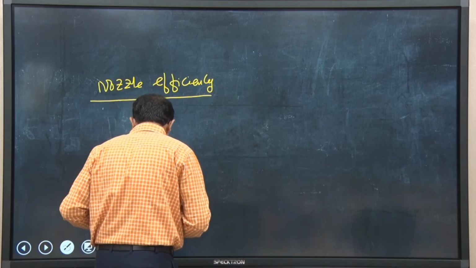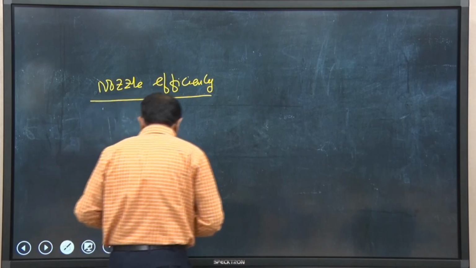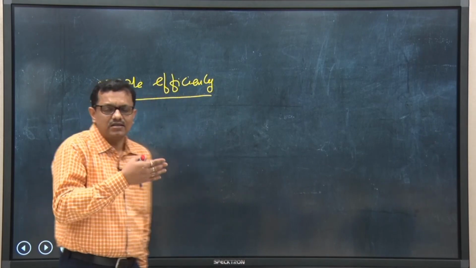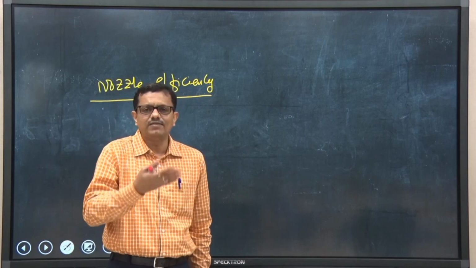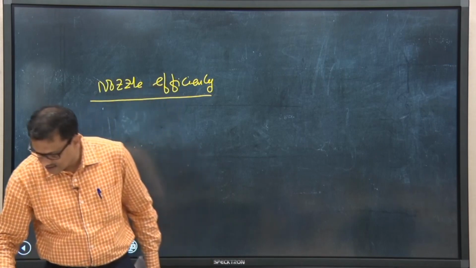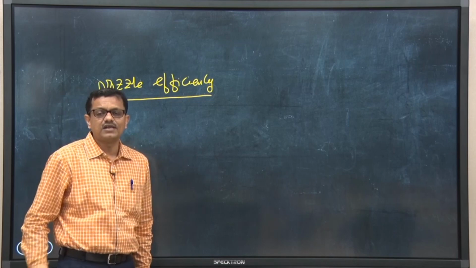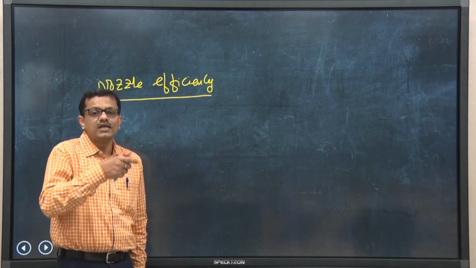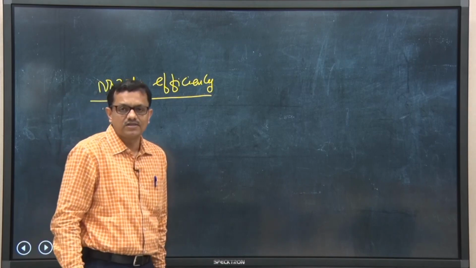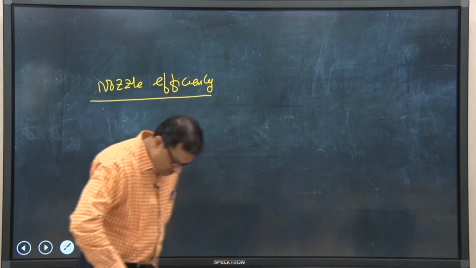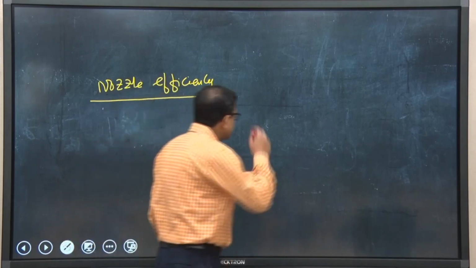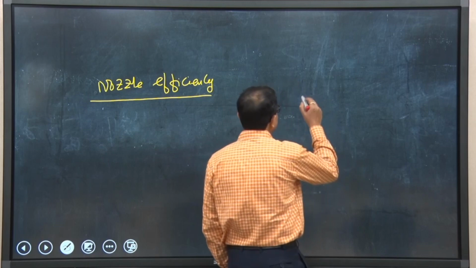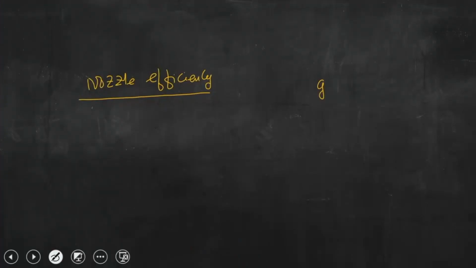So, the nozzle efficiency. Let us try to describe it instead of writing the mathematical expression first. Let us look at it from the graphical representation of the flow process in the HS plane.